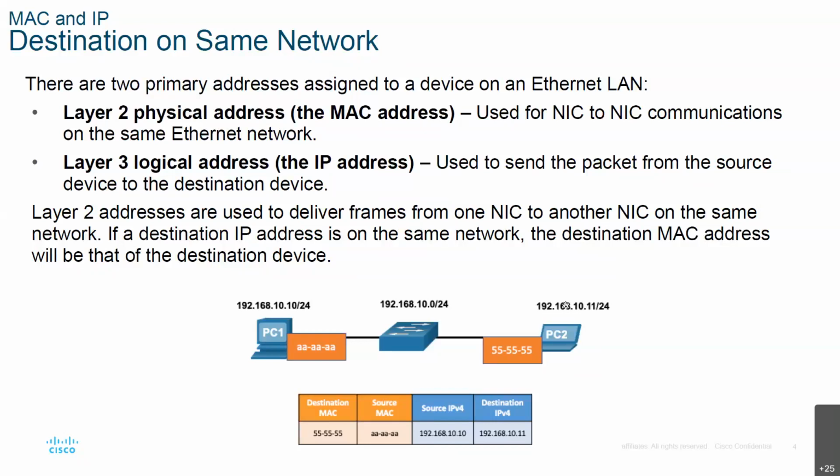So, for example, over here, if you are sending from one network, question, look at this network. It is one /24 network. This is another /24 network. Are they on the same network? Yes.